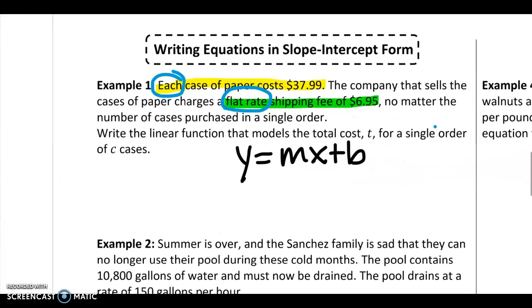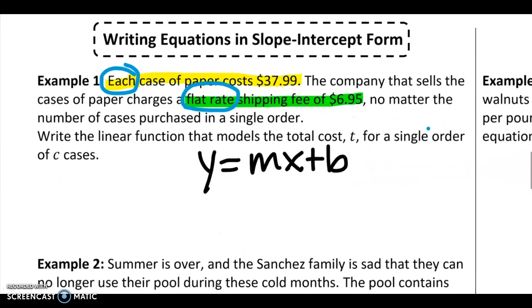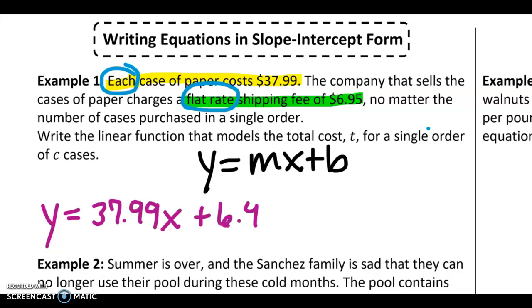I wrote y equals mx plus b because if we have a flat rate and a rate per case, that means that we're going to use this equation. So y equals, our m slope is $37.99, and then our y-intercept is $6.95. Now we're going to use the letters that they told us to use. It says the total cost T for the number of C cases.